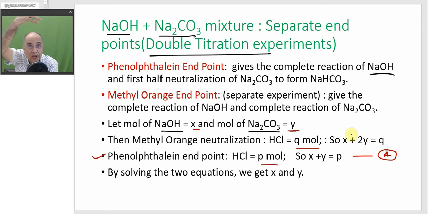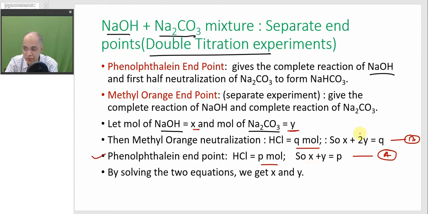Whatever is the number of moles of sodium carbonate, that is Y, and you need another Y of HCl for complete neutralization. So X plus 2Y is equal to Q. So you have another equation here, that is B.